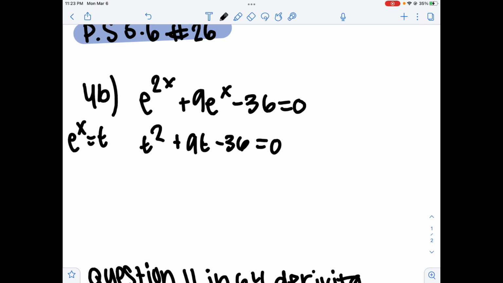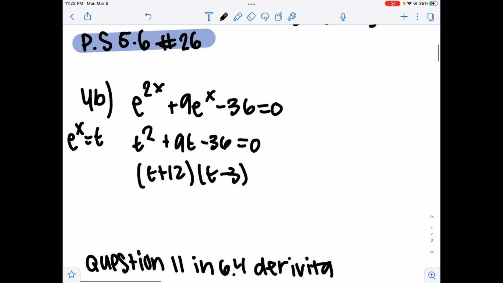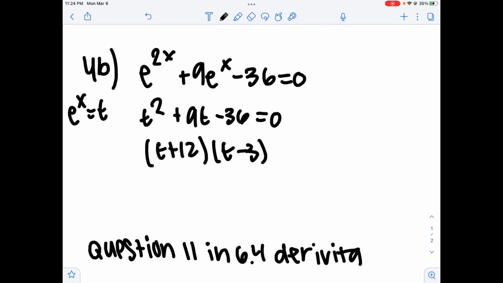So when we do that, we would get t plus 12 and t minus 3. Now t stands for e to the x, so we just have to remember that.